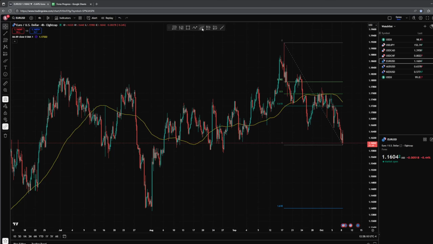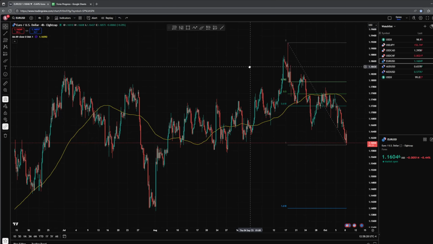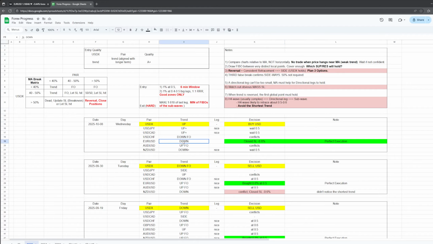Now I just need the market to go down a little bit. Then the market should retrace into the retracement zone, at least the 50% zone here. That would be a good time to buy USD. Until then, we're gonna wait. So let's write it down. Euro USD trend is down.